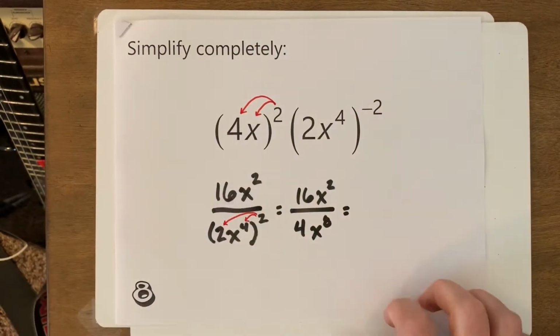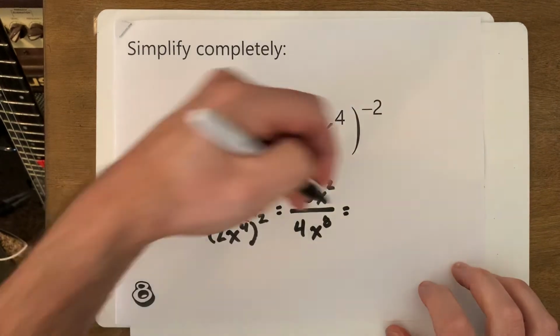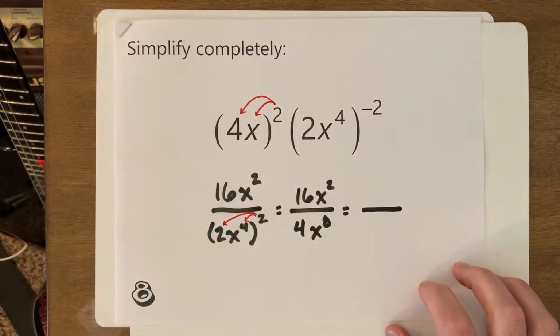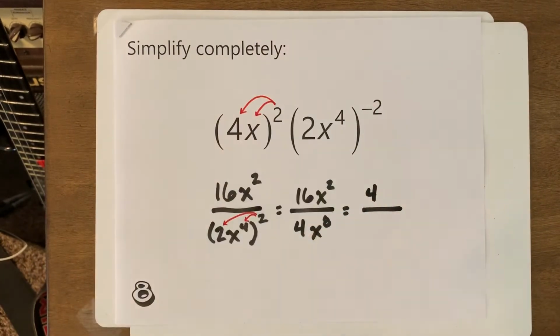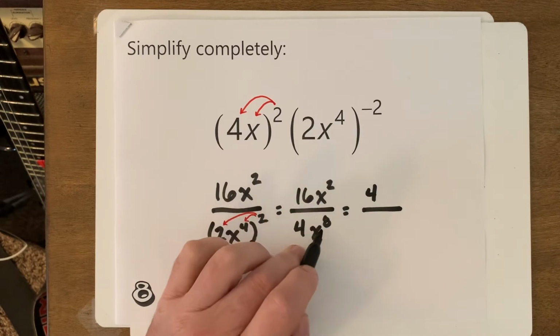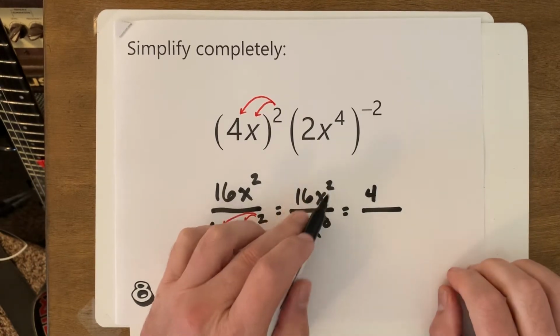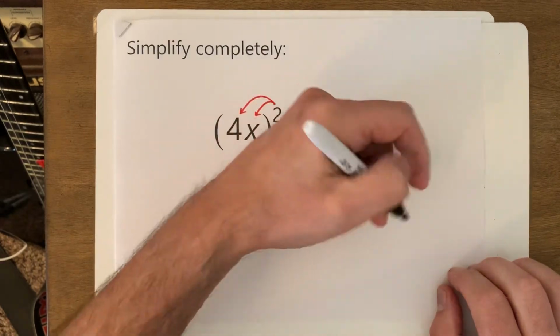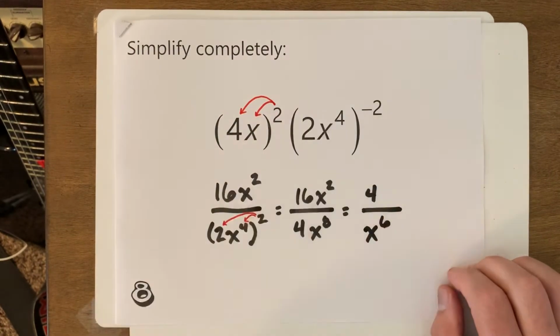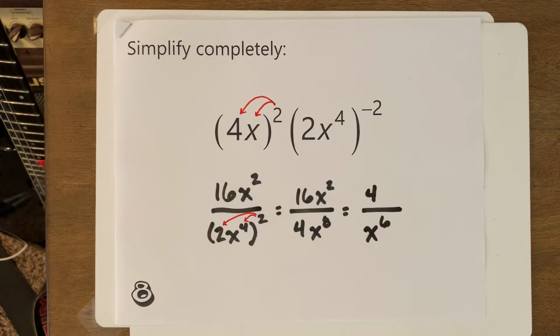Okay, and I can keep going. Okay, so 16, and I'm going to go ahead and just write my division bar right there, just in case I need it. 16 divided by 4 is 4, so that's going to be in the numerator. Okay, then I have 2 x's up here and 8 down here. So 2 of these are going to get used up with 2 of these here, and it's going to drop that down to a 6. Okay, and there's really nothing I can do with that.